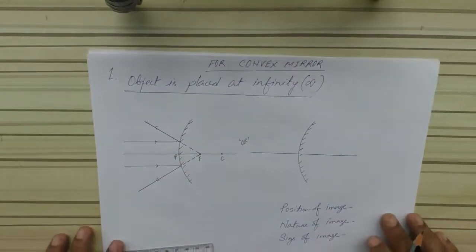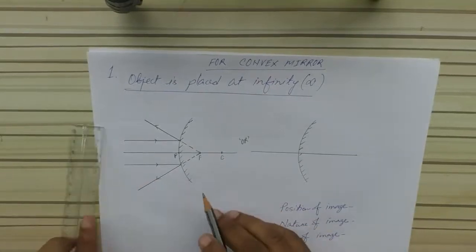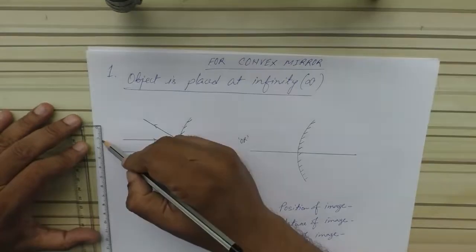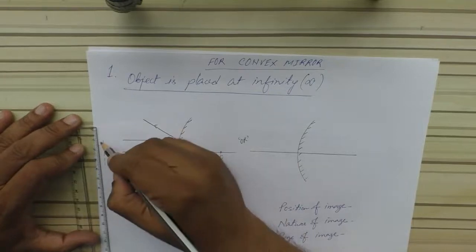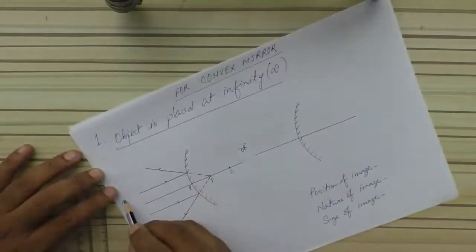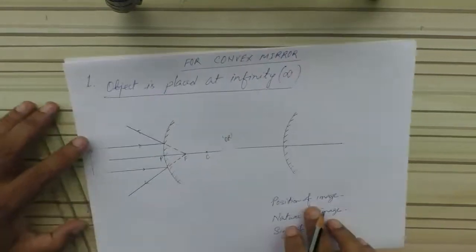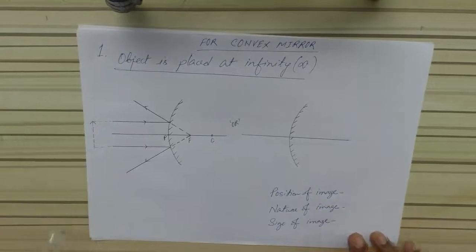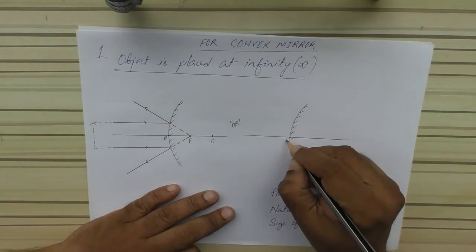So if you look at this diagram, if object is placed at infinity, the image is formed at focus. And from that object we are considering the rays like this. In the second diagram, the incident light rays are not parallel to the principal axis, but they are parallel to one another.